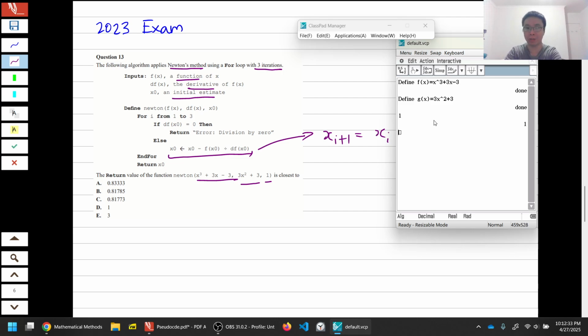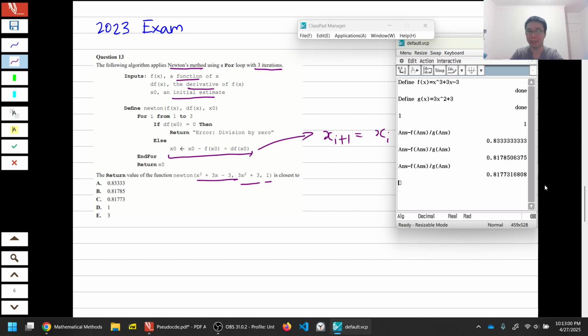Now, my initial guess is 1. And then what am I going to do? I'm going to take my answer minus f of my answer divided by g of my answer, where g is the derivative of f. So I'm going to execute this once, twice, and 3 times.